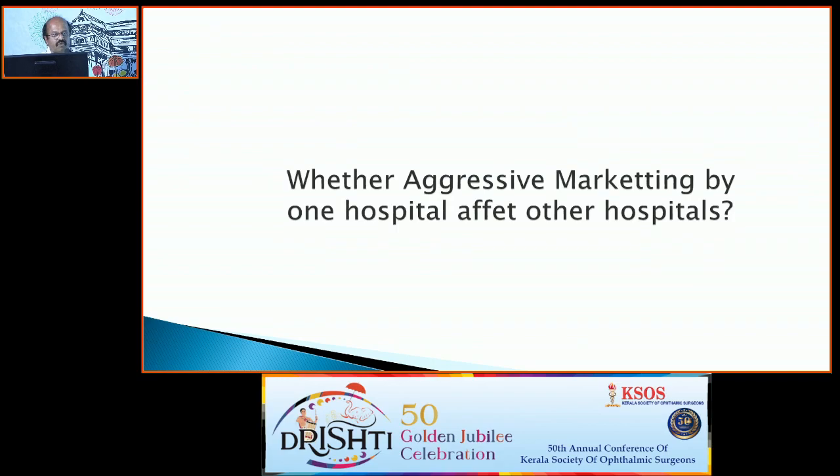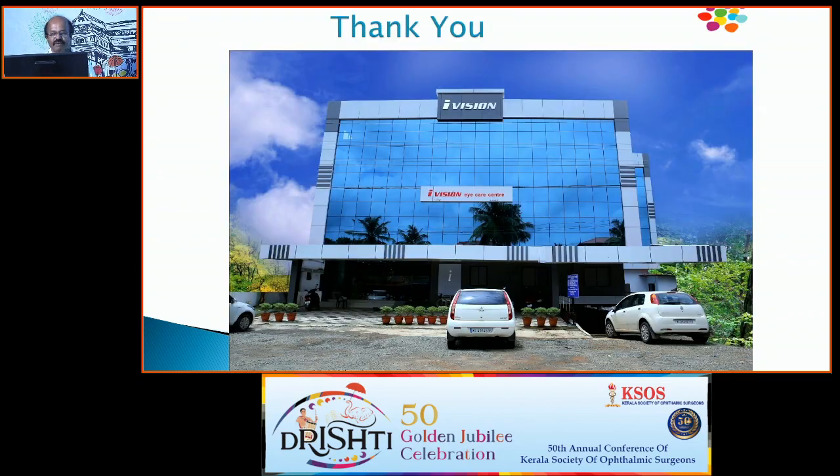The question now at present is whether the aggressive marketing by one hospital affects another hospital. What do you think? Sometimes we think that it affects the other hospital, but sometimes it enhances the other hospital also. So don't worry about aggressive hospital marketing. It will help you after some time. Thank you.